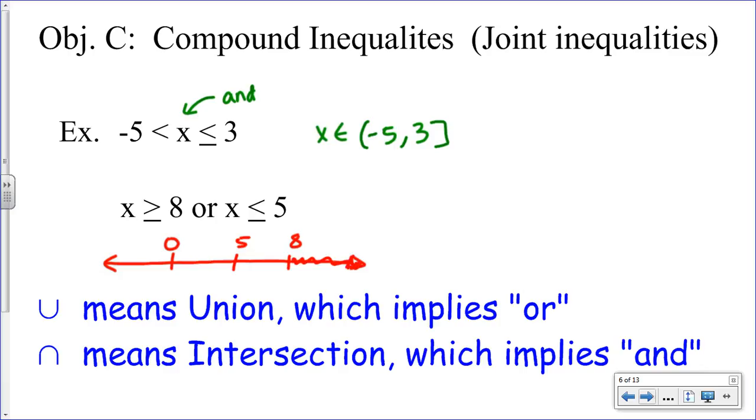Bracket or parentheses? Bracket. And then I'm less than or equal to 5, so I'm left of 5. And again, a bracket. It's or, so we're okay. I can have a number either over here, left of 5, or over here, right of 8.